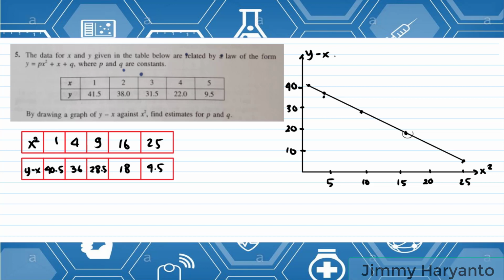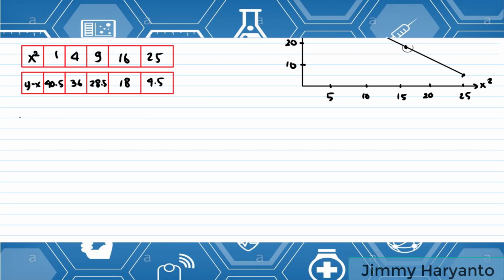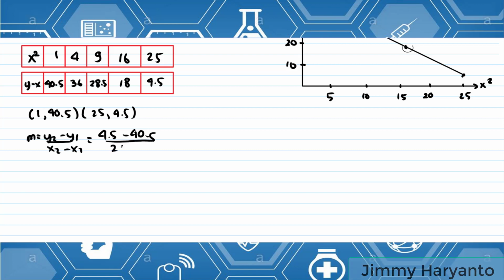Okay, the next step, we will have to find the gradient. To find the gradient, I will use the first point and the last point. The first point is 1, 40.5 and the last point is 25, 4.5. The formula is y2 minus y1 over x2 minus x1. You can also use rise over run. 4.5 minus 40.5 over 25 minus 1.